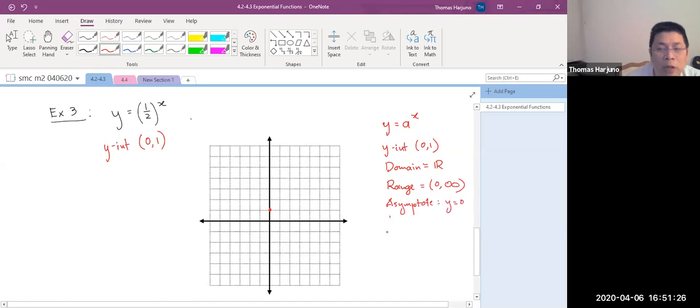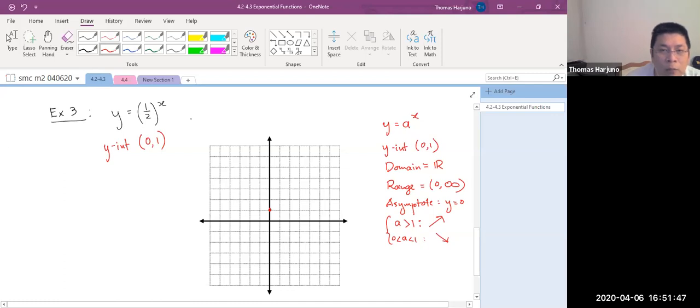Now, as you can see earlier, when the base is greater than 1, the function is increasing. You will see here, if the base is between 0 and 1, the function will be decreasing. Why? Because the base is less than 1. In this case, the base is 1/2.